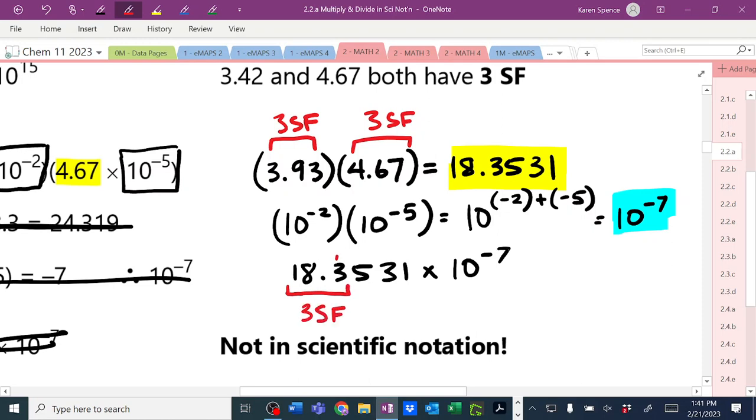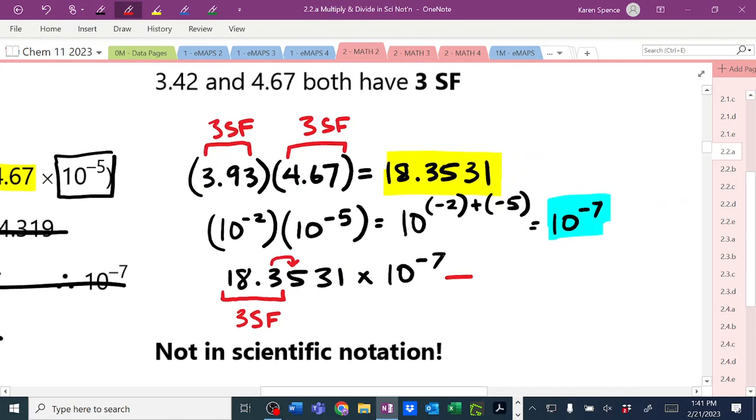So we're going to look to the right, and that's going to become 18.4 times 10 to the negative 7.